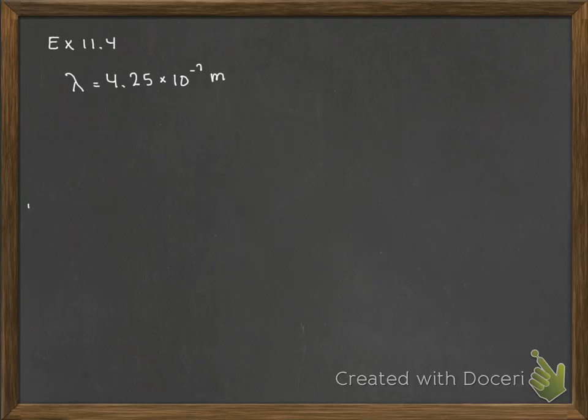So we're looking at using E equals hf, and we're looking for maximum kinetic energy. In order to find frequency, we're looking for E. E is our unknown, but we need frequency.